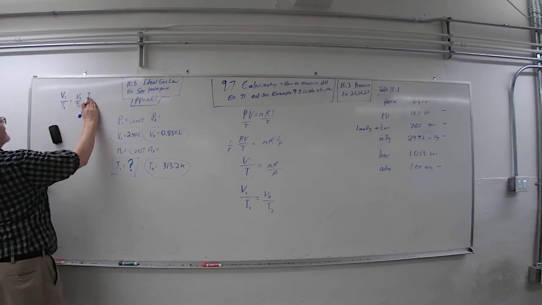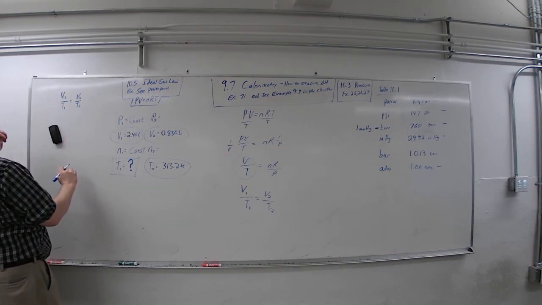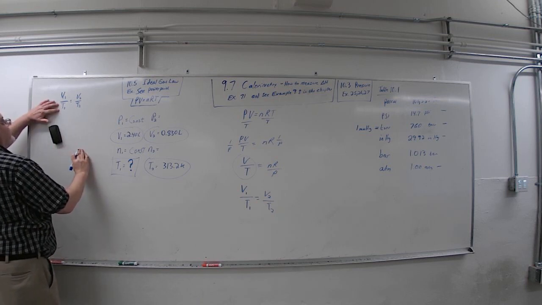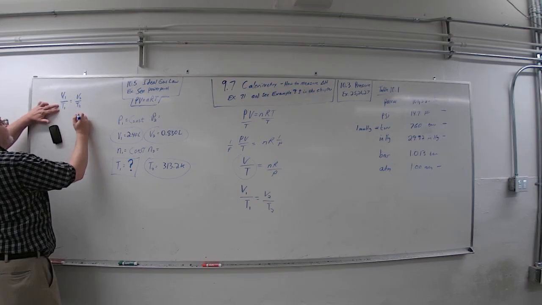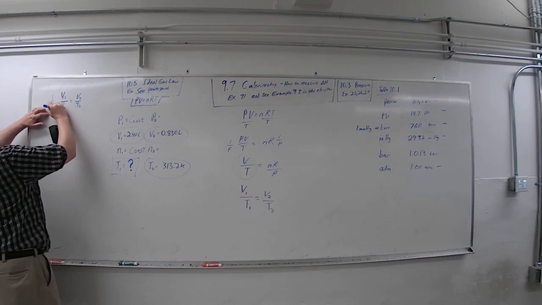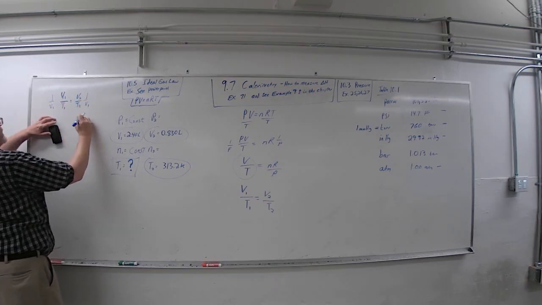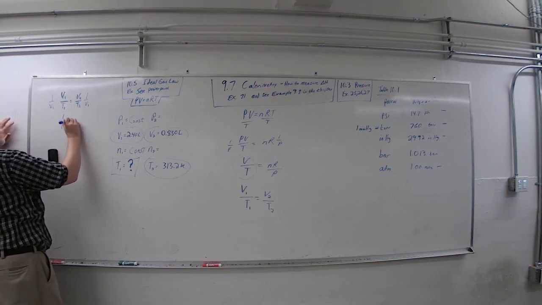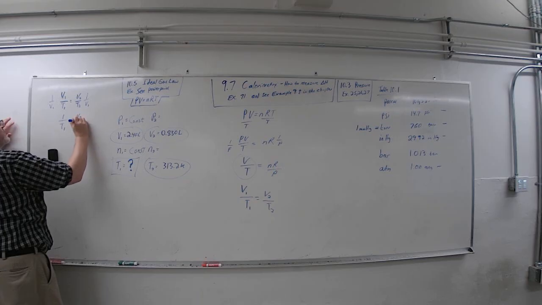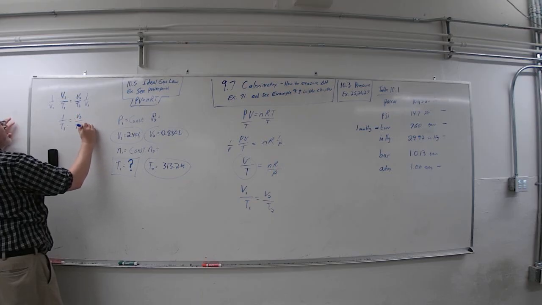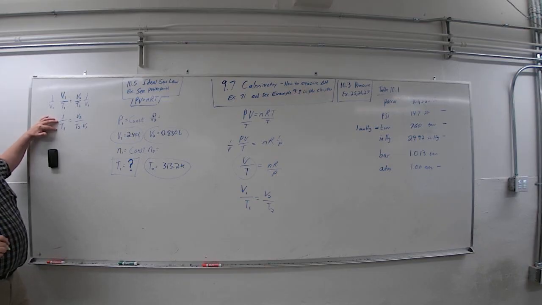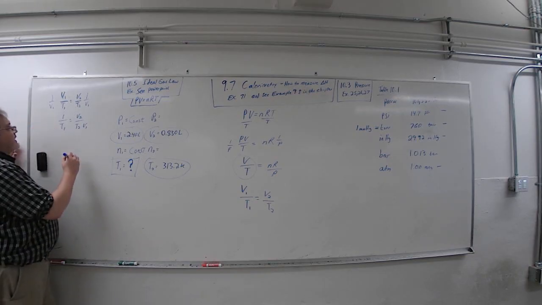What I want to do algebraically, to get T1 by itself, is divide both sides by V1. If I clean that up, this cancels, and I have 1 over T1 equals V2 over T2 V1. But now I'm just going to flip both sides to get T1 the way I want it.